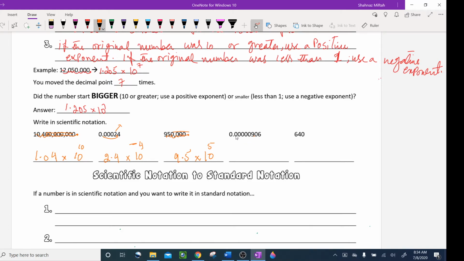I moved 6 times: 1, 2, 3, 4, 5, 6. This number is less than 1, so I'm using a negative exponent times 9.06, and these zeros dropped. Now my decimal is here. Move the decimal up here. So I have 6.4 times 10 to the power 2, because I moved 2 times, and it's positive because 640 is greater than 10. Okay, so that's how we do standard to scientific notation.